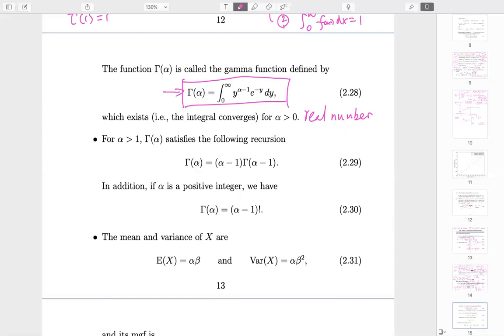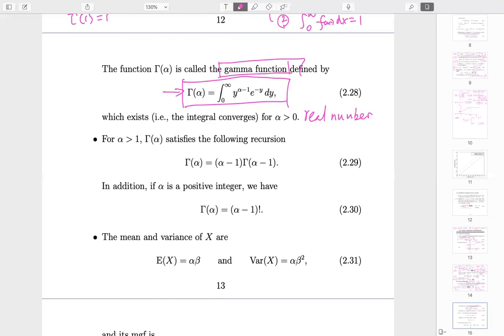So if you are interested, please use Wikipedia to read more about the gamma distribution and all the distributions we are about to introduce. Those pages will give you a complete history. Knowing the history of those distributions is actually fun, and you will learn a lot more from there.